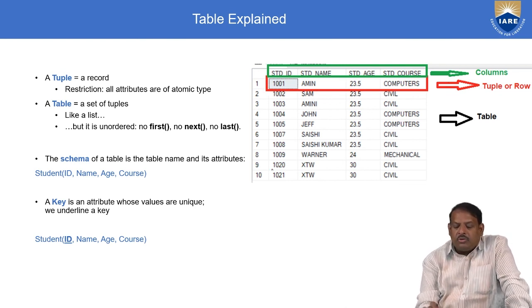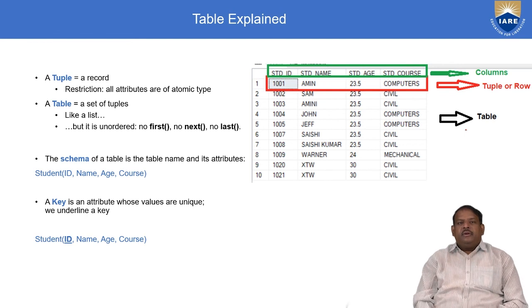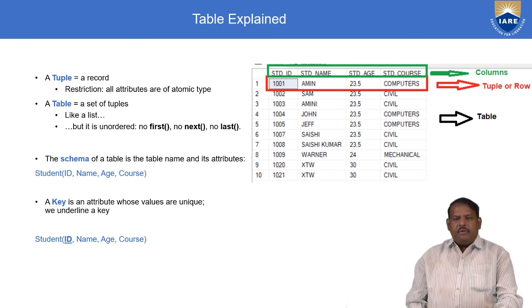A set of rows is the table. So a tuple is a record. Table is a set of tuples. It is like a list, but unordered. The schema of the table is the table name and its attributes. So the schema of student is student plus its attributes.